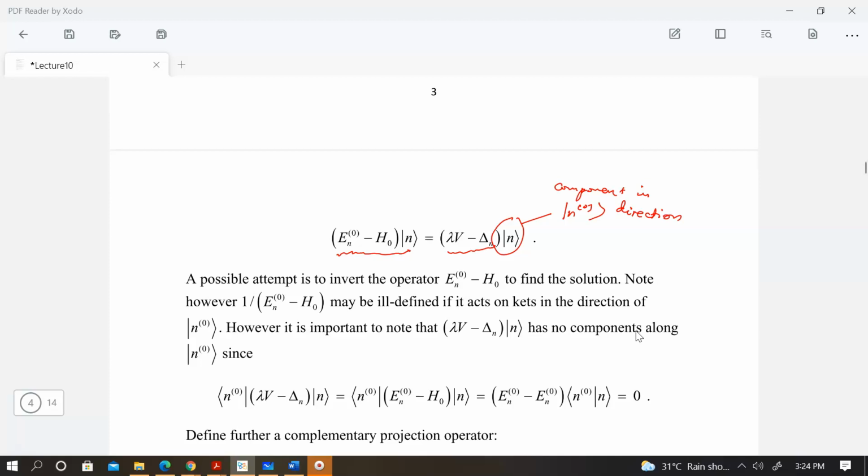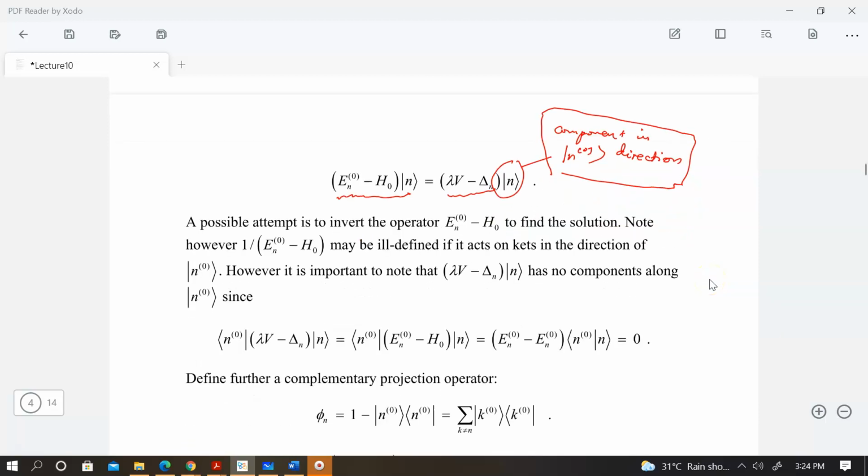So en naught minus this en naught from the action of the h naught on the direction of n naught will give you 0. But you bring it to the other side, then you get 1 over 0, which is not the thing that we want. So it must be done in such a way that this component must not be there. So how can we do this?